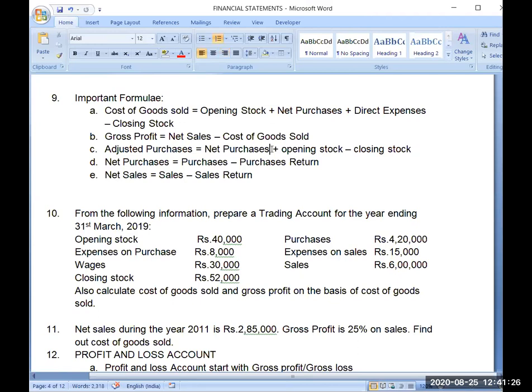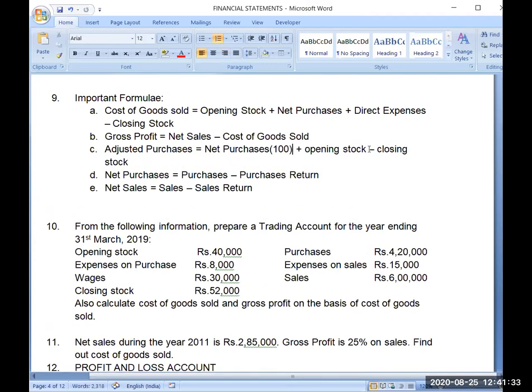So in total, how many books have you sold? 100 you have purchased in this year. Suppose your opening stock was 10 books, and suppose your closing stock was 5 books. So that means your adjusted purchases will come to 105.